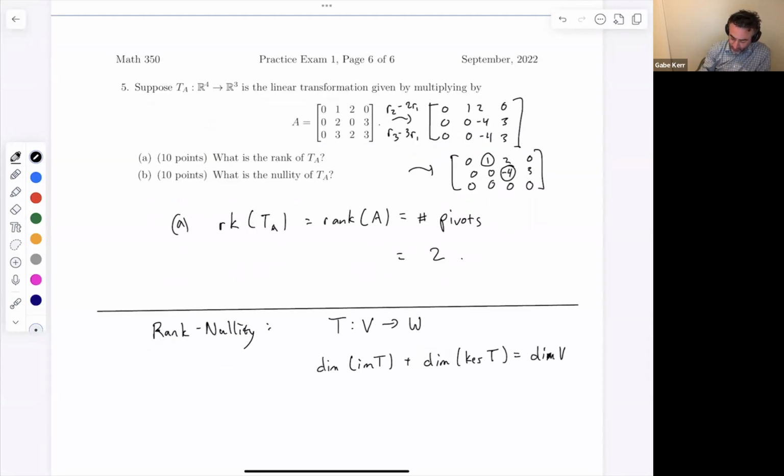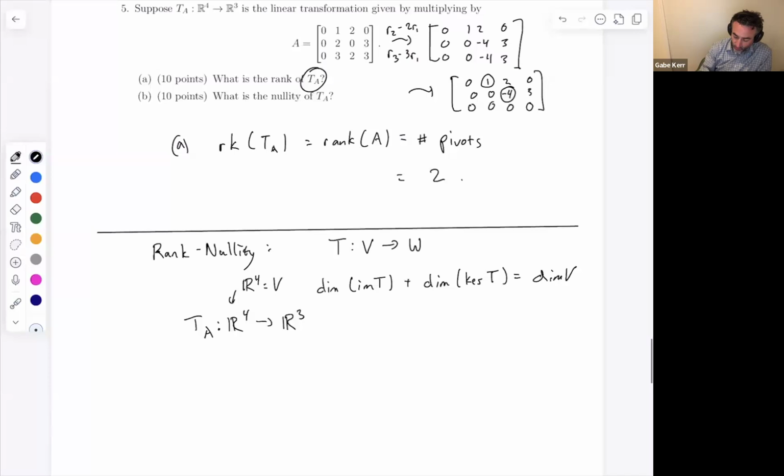Now, this is a very abstract looking thing, but we're going to write it down in terms of matrices. This linear transformation, T_A, is multiplying by a particular matrix. So in the matrix version, we have T_A from R4 to R3, so our V is R4.